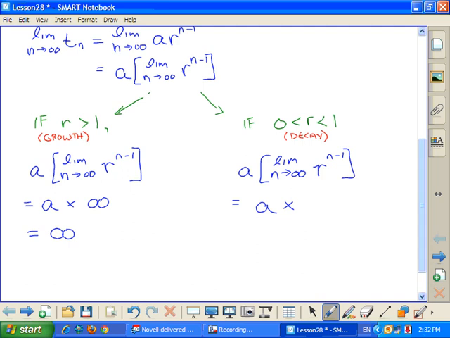So that's a half times a half times a half times a half, etc., etc. You get the idea. What's happening is you're ending up with a very, very, very small number. And when you get to infinity, which is not actually a number, it's a concept, you're going to find that the value is 0, and a times 0 is still 0. So those are your two properties for limits of exponential functions that you need to remember and be aware of.